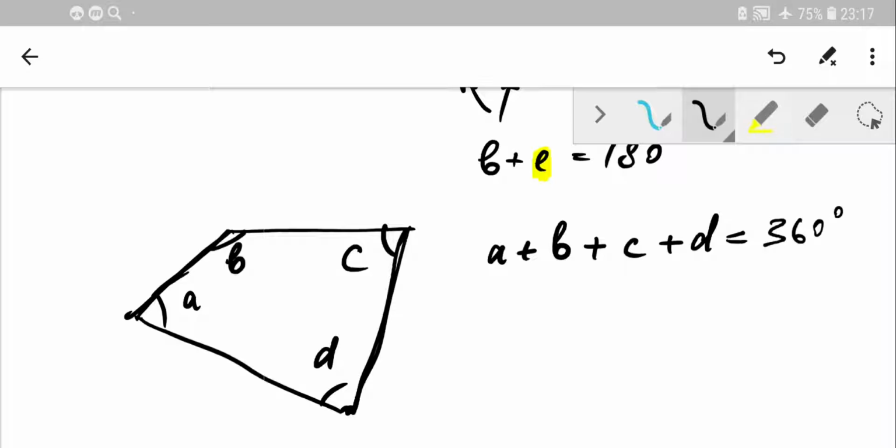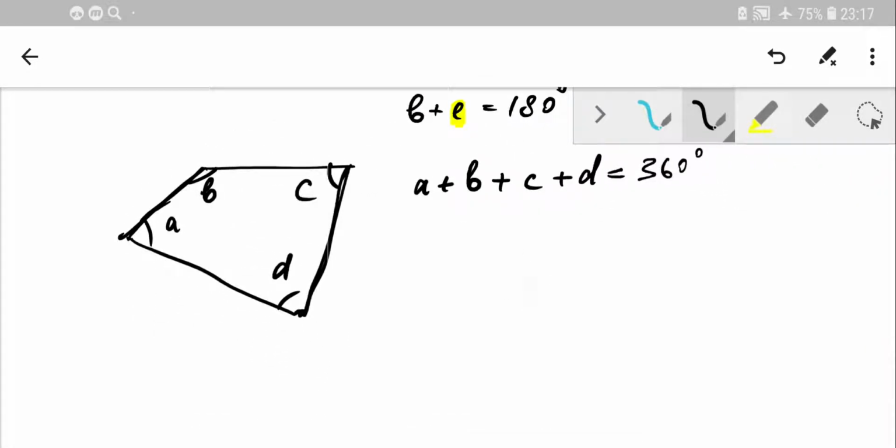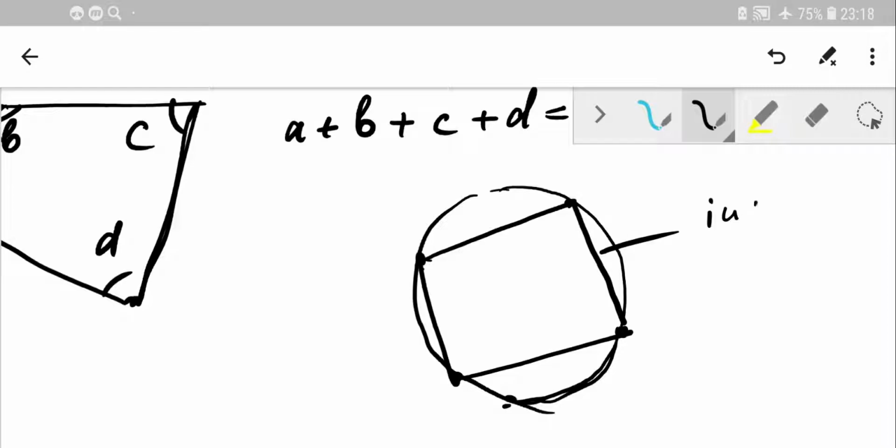However, only in the case if you're able to inscribe this quadrilateral in a circle, I'll give you this rule a bit later, when we consider circles, but just right now, for those who probably know that and are curious about what if it's a cyclic quadrilateral, so it means inscribed in the circle, so this is inscribed, okay, in the circle.